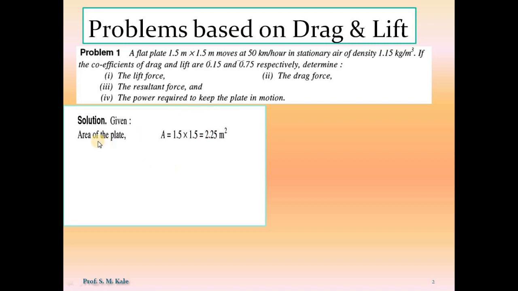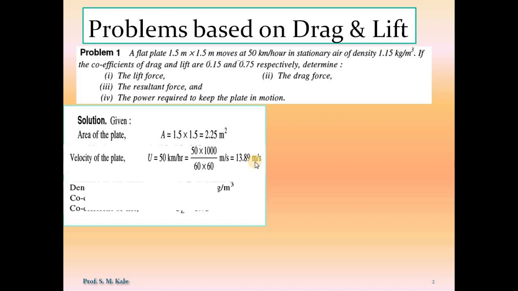So in the given data, first thing will be area of plate, 1.5 meter into 1.5 meter, that is nothing but 2.25 meter square. Then velocity of the plate they have mentioned, that is 50 km per hour, convert it in terms of SI unit, that is nothing but meter per second, convert kilometer into meter, so multiply by 1000, hour into second, divided by 60 into 60, so that will be 13.89 meter per second.